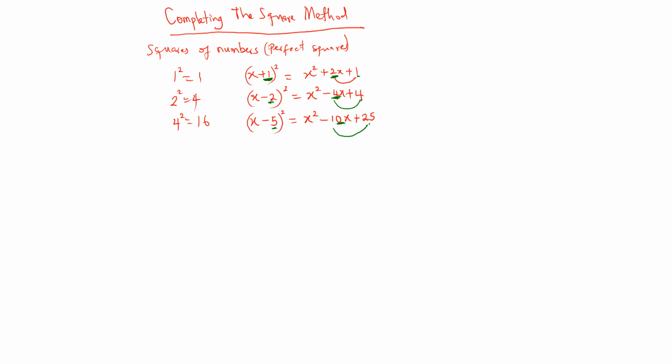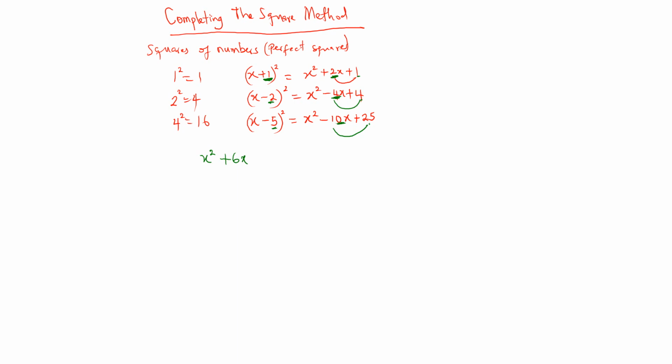Let them identify that. If they have identified it, you can give them other things to do. Can they tell you what can be added to x squared plus 6x to make it a perfect square?